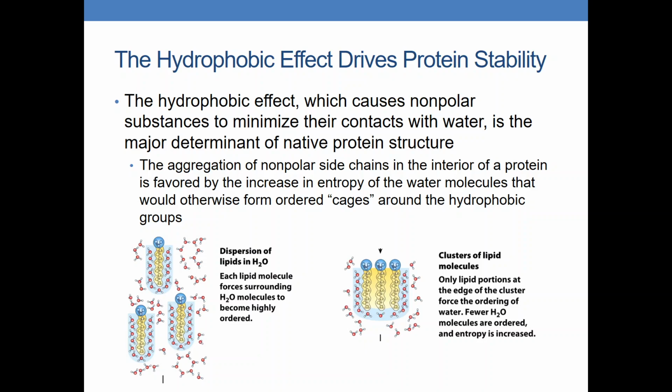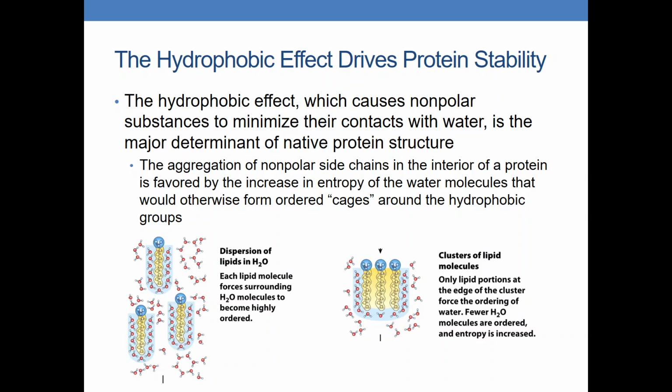Remember, I just told you that for a globular protein, your interior for your globular protein structure is going to be nonpolar. So what happens is your nonpolar side chains, think about amino acids like alanine, leucine, isoleucine, they are going to aggregate in the interior of your protein structure.